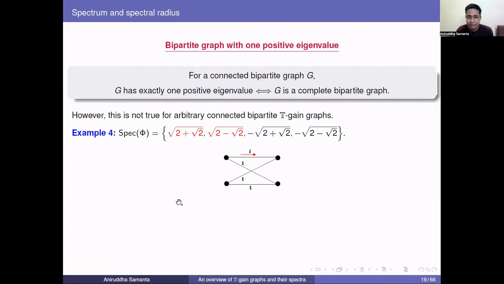Here is one example. In this example, our structure is a complete bipartite T-gain graph. However, if we look into its spectrum, we can see it has two positive eigenvalues. So how can we get the result? Here is the result.